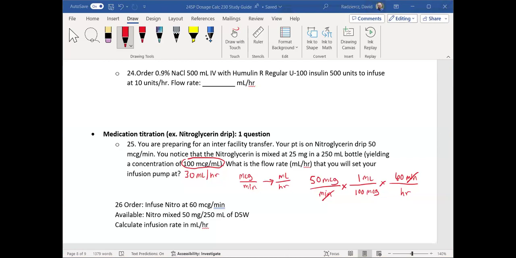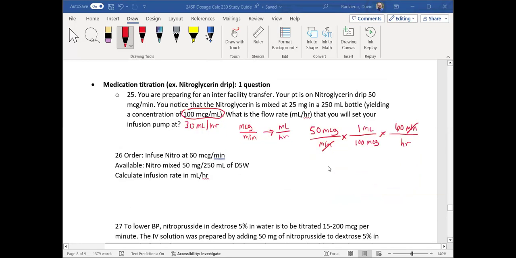You got it. All right, and so for 26, when you do this one, you should get 18 milliliters per hour.